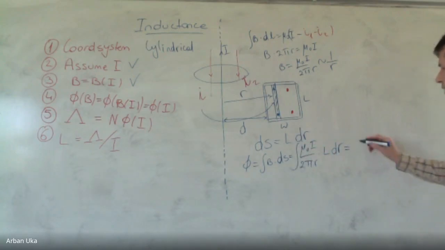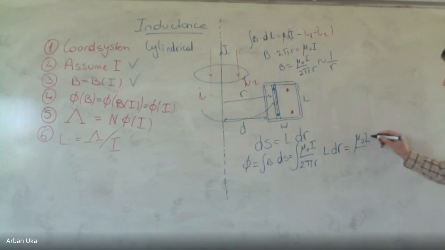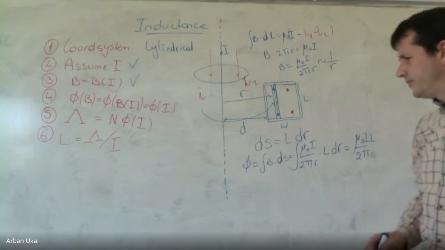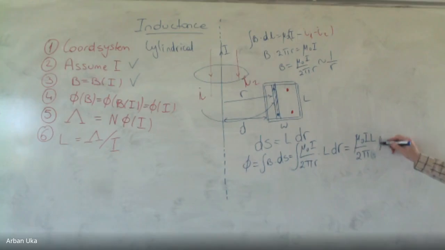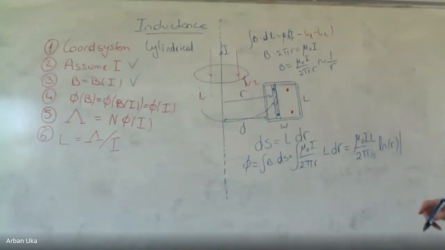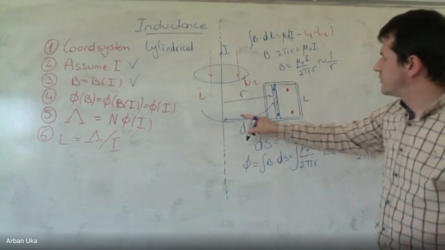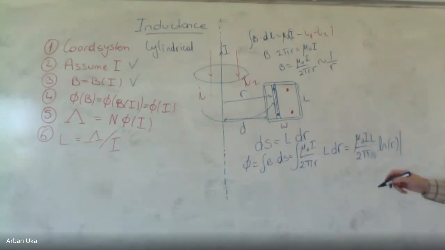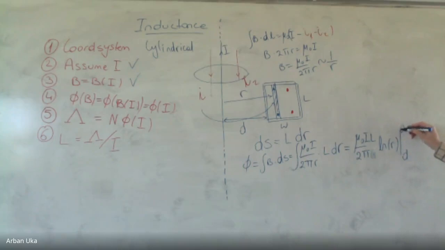We have a lot of constants, which is mu 0 I L over 2 pi, and we have the integral of dr over r. What is the integral of dr over r? ln r. The limits, what are the limits? The limits are from d to d plus w. So this is the flux.